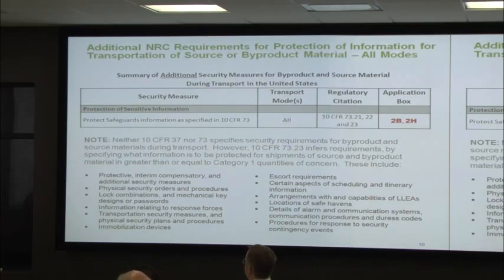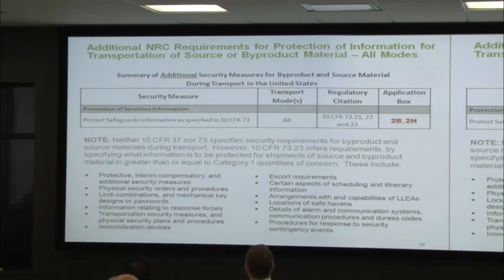So there's no direct specification of requirements, but by looking at what they say, what information you have to protect, you can infer that all of these could be requirements. I think it's a weakness right now in 10 CFR 37.